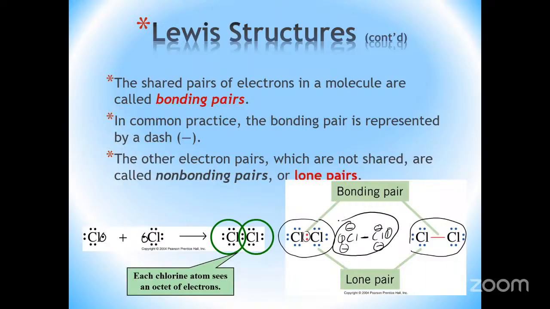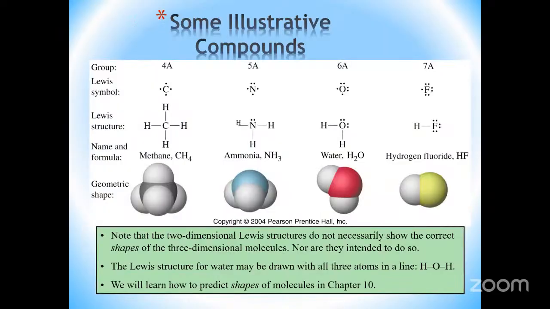Let's continue. I have some examples here of different compounds and their Lewis structures, again to highlight the difference between bonding pairs and lone pairs. In this case we have the molecule methane, where carbon is bonded to 4 hydrogen atoms. Between the carbon and each hydrogen atom there are 2 electrons, or 1 electron pair.